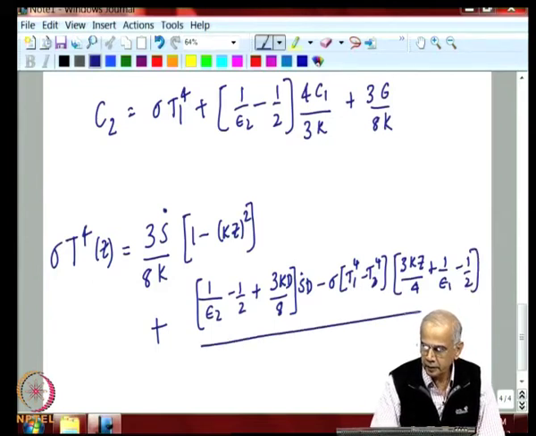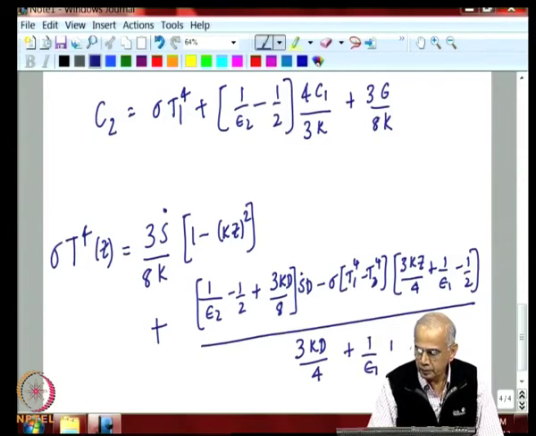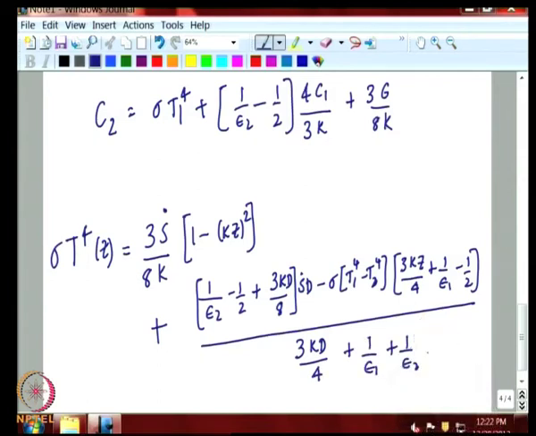The entire thing is divided by 3 K D by 4 plus 1 by epsilon 1 plus 1 by epsilon 2 minus 1.